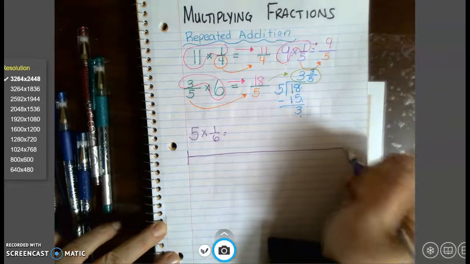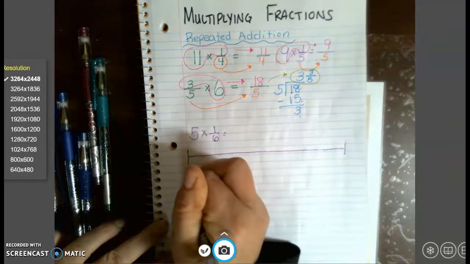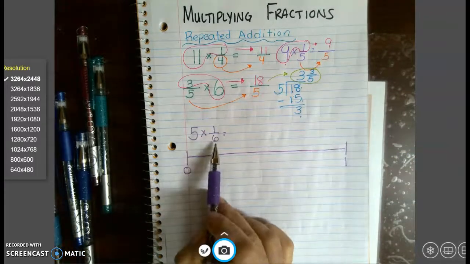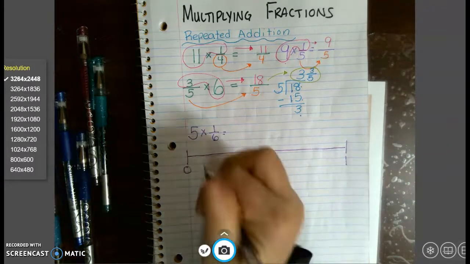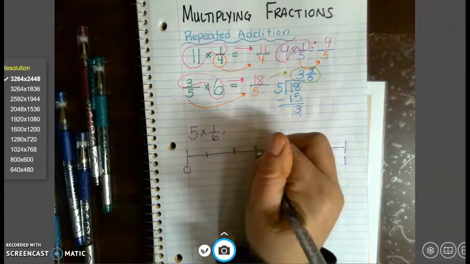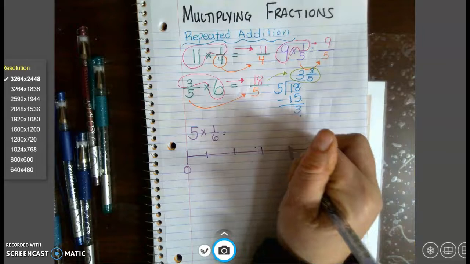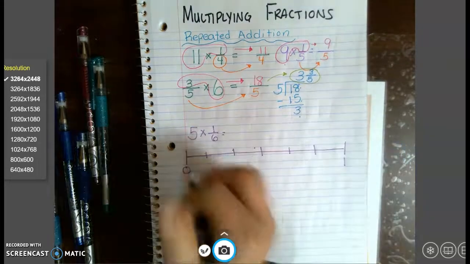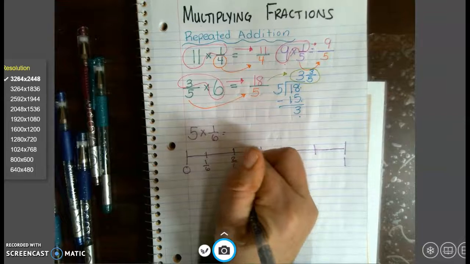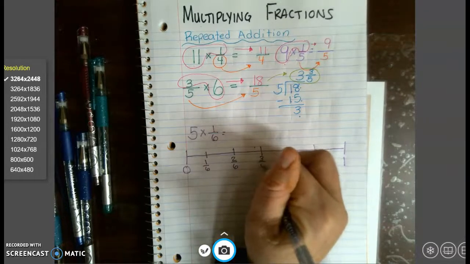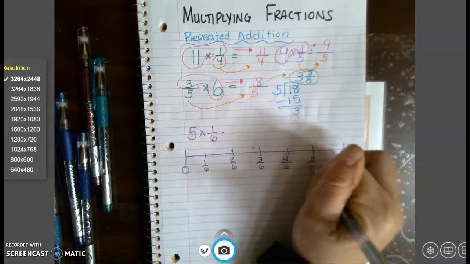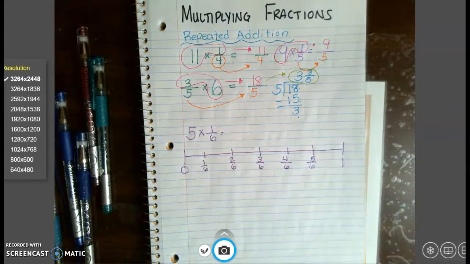So I'm going to draw my number line, and I'm going to take it 0 to 1. And I want to divide it up into 6 equal pieces. So I'm going to do 1, 2, 3, 4, 5. Okay, so I have 1/6, 2/6, 3/6, 4/6, 5/6, and 6/6 is my whole.